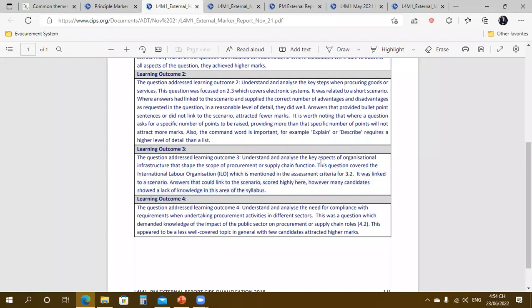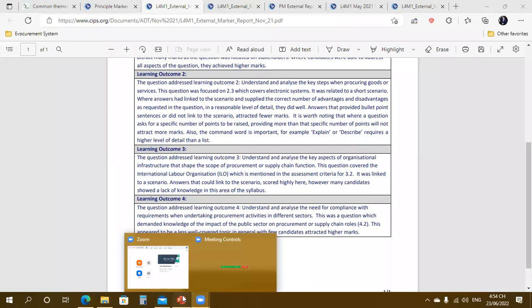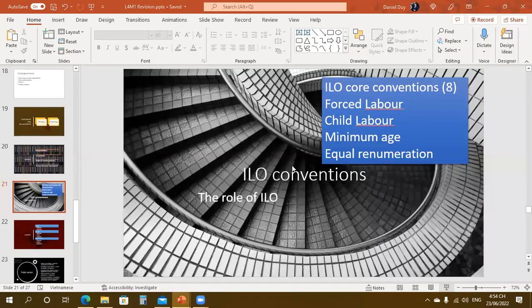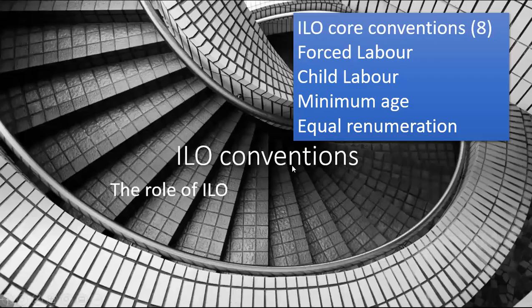There's not much information here, but from one of our students, it is about the application of the ILO in the given scenario, and they tend to ask about the role of these conventions, how to improve the standard of the supplier regarding labor.